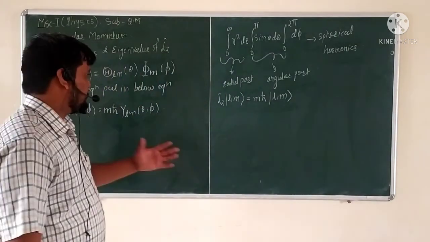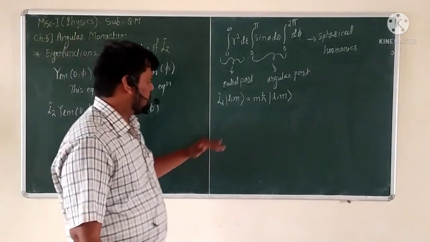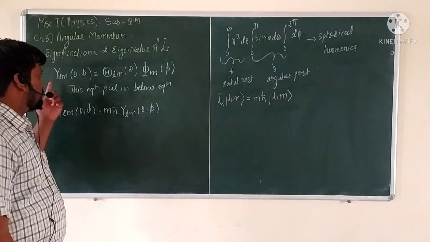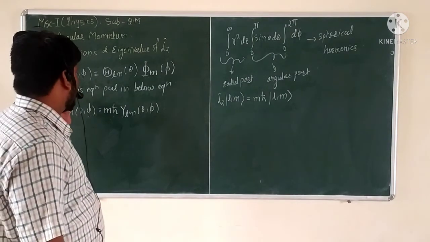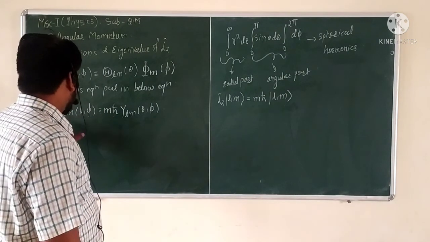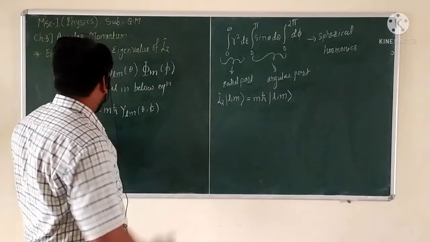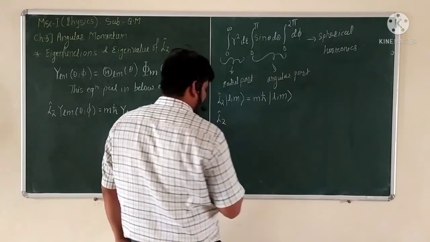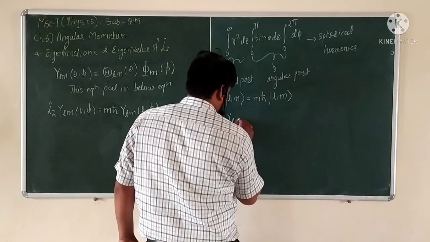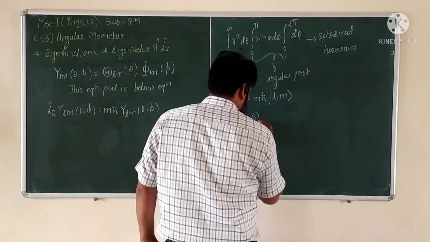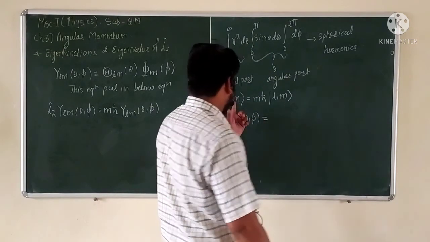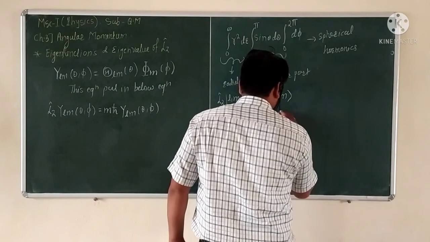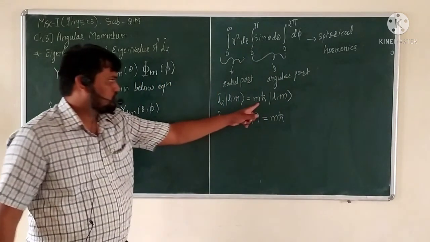Simply, if we consider that L and m is replaced by theta and phi, that is YLM of theta and phi, then this is known as LZ cap of YLM of theta and phi. Only this part is replaced, and m h cross remains as it is.